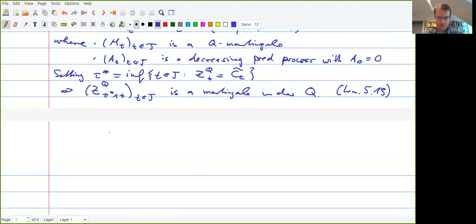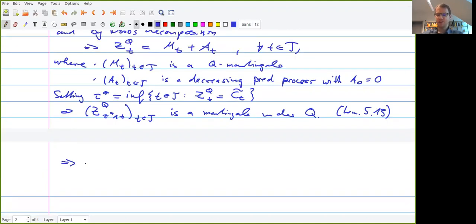Okay, what does this imply? Well, if I combine now my Doob decomposition, the decomposition which I have of the Snell envelope, and the statement that the stopped process is a martingale, what do we see is, well, for a martingale, the predictable process here has to be constant 0, and M_t, which is a martingale, has to be equal to the Snell envelope at time t, as long as t is less or equal than tau star.